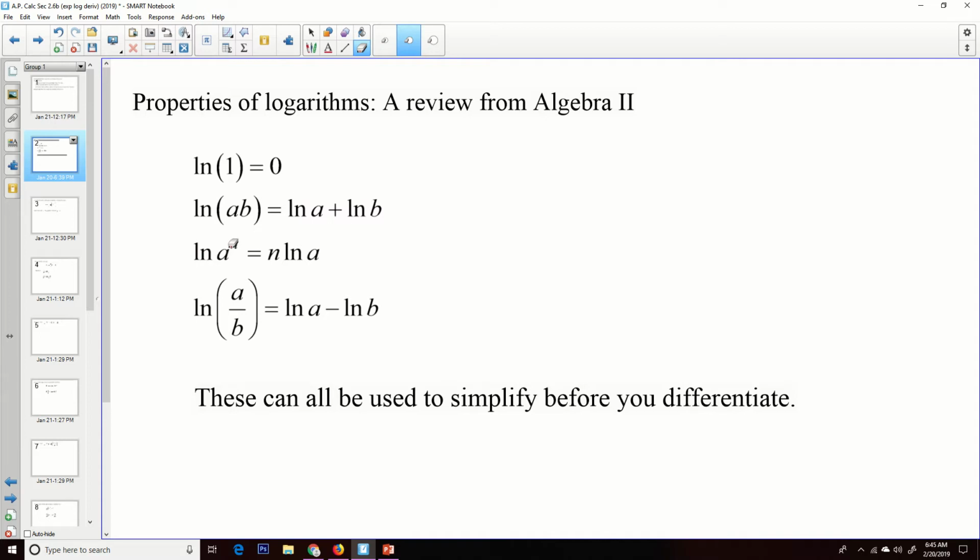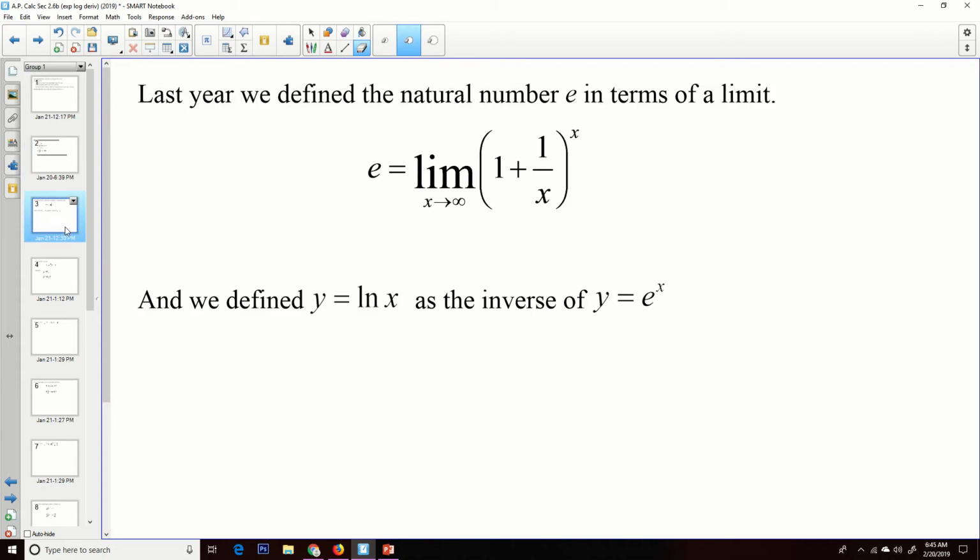And the ln of a to the n, I can bring that n down in front and make it n ln a. If I have a quotient of two functions and I'm taking the natural logarithm of that, I can separate it into the difference of the logarithm of the top function minus the logarithm of the bottom function. And these can be used to simplify before you differentiate. I'll get into that a little bit later.